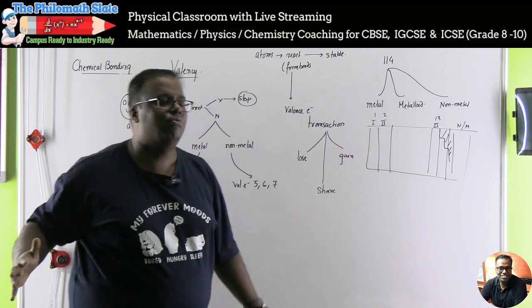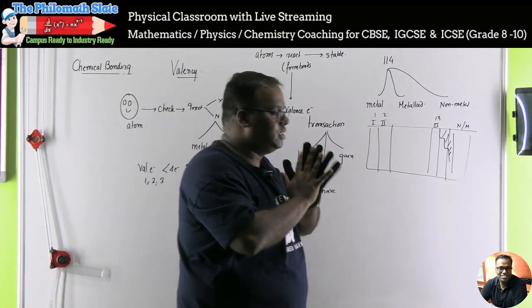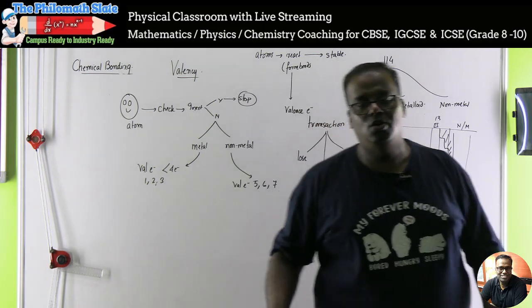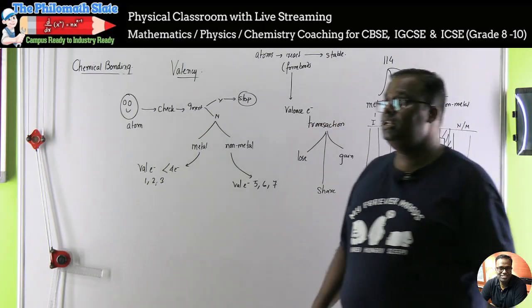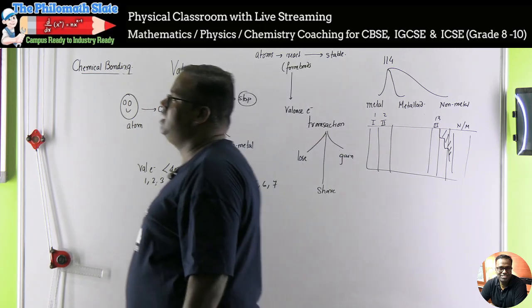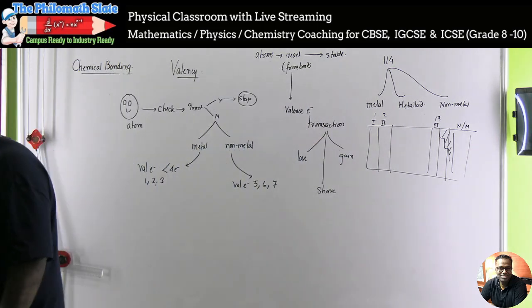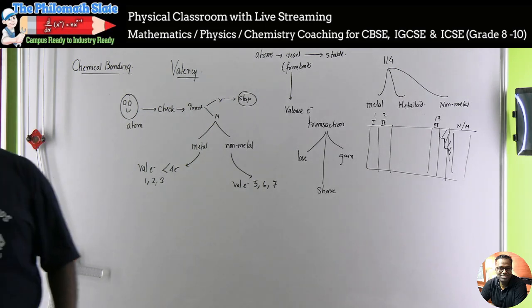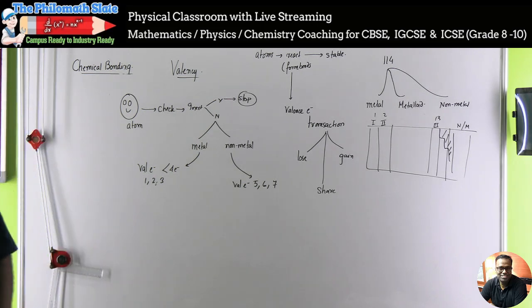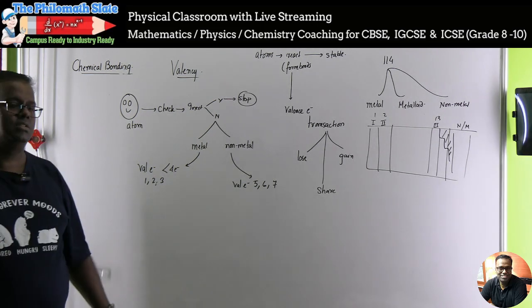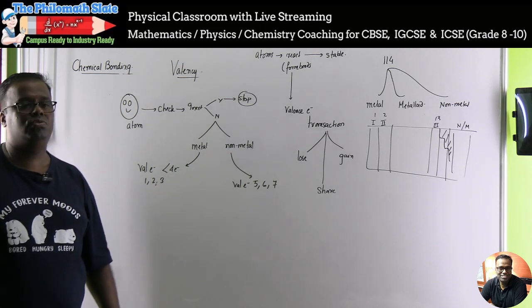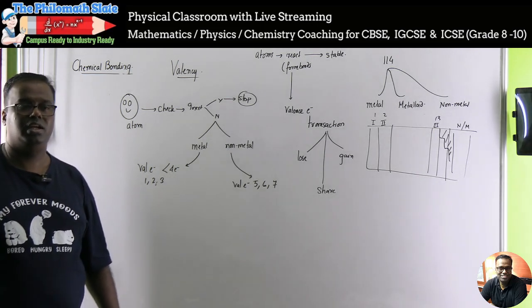So write down, valency is the tendency of an atom to gain, lose or share valence electrons in order to obtain the electronic configuration of the nearest inert gas atom.